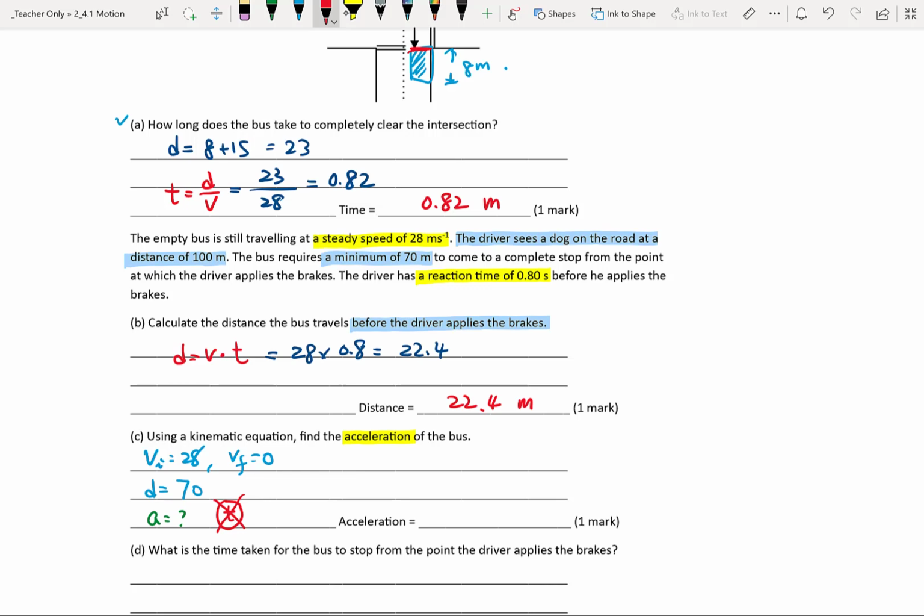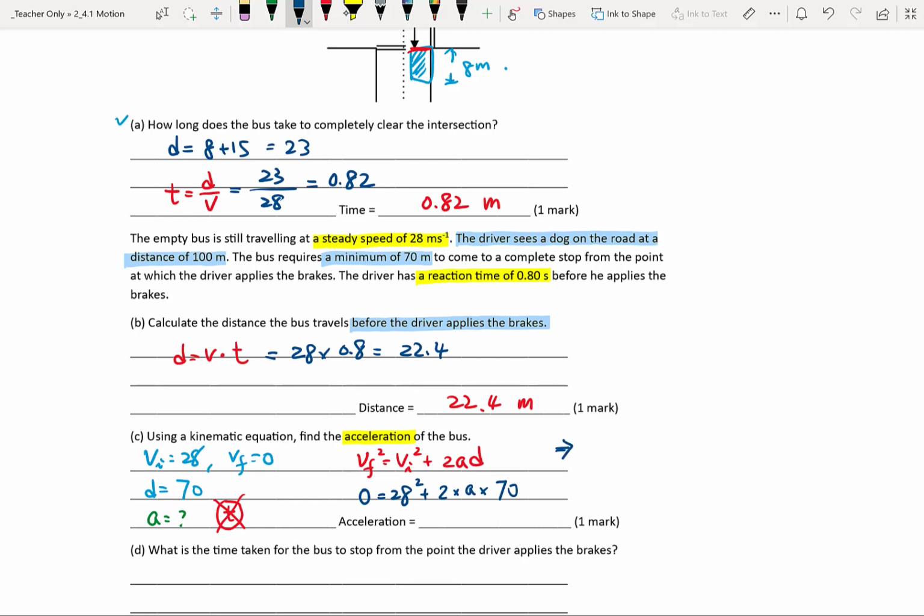So what formula are we going to use? Vf squared equals Vi squared plus 2AD. Now we can put the numbers in. Vf is 0, and Vi is 28, squared, plus 2 times A times D. D is 70.